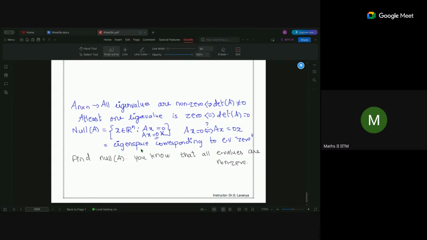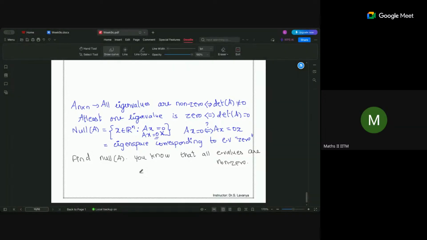Given that all the eigenvalues are non-zero, there is no zero eigenvalue at all. So what can be the null of A? Can there be an eigenvector corresponding to zero then? No, null space is the zero space. It's just the zero vector. There are no eigenvectors corresponding to zero.